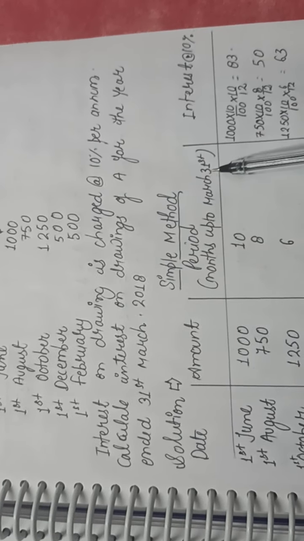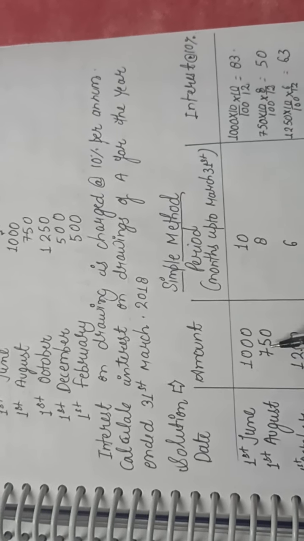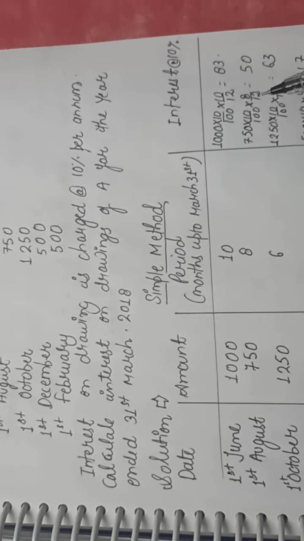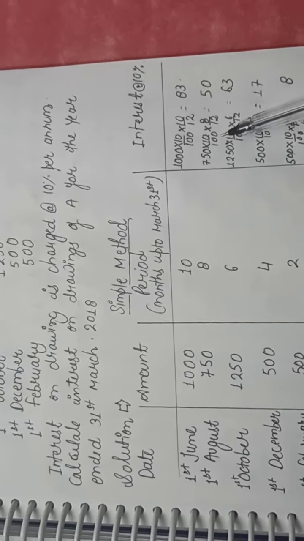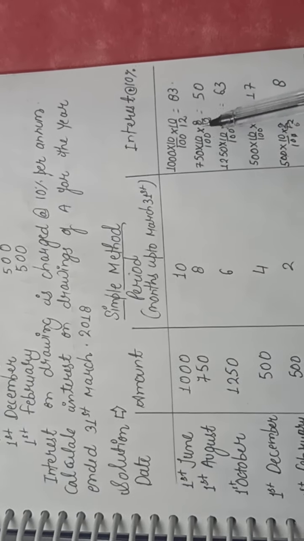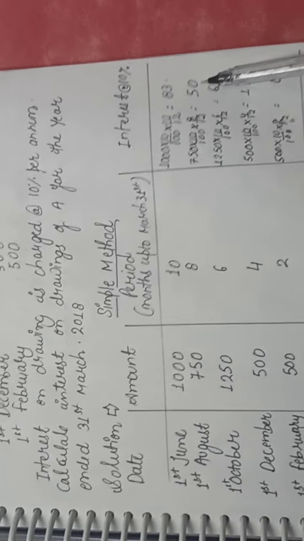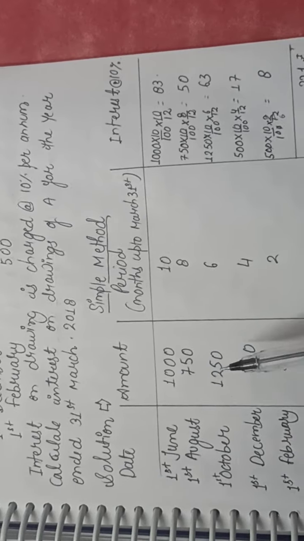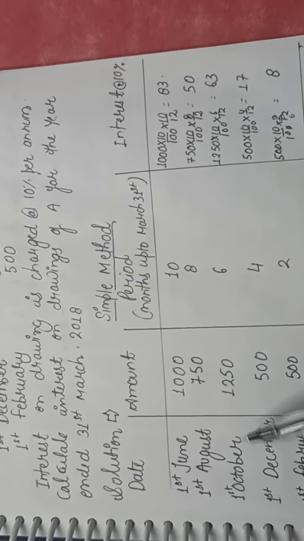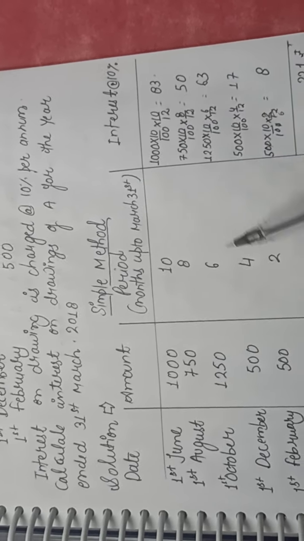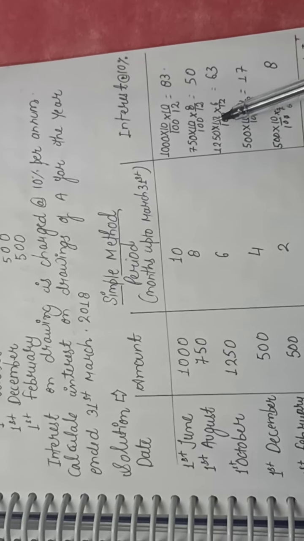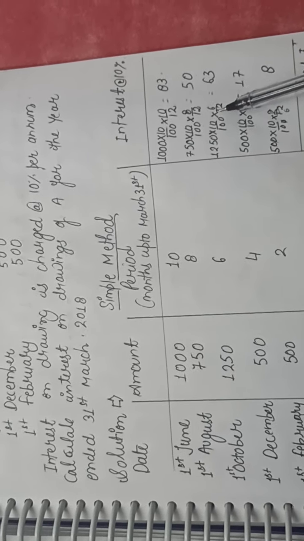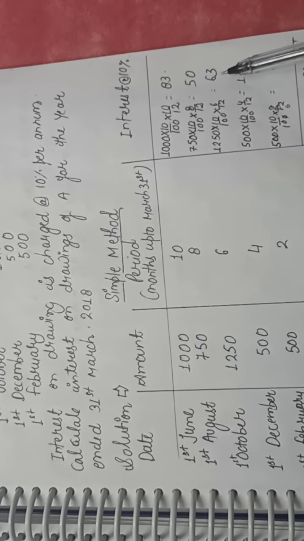In the same manner, 1st August to 31st March, it's 8 months. So now also calculate the interest: 750 into rate 10 upon 100, and months 8 by 12, so it's 50. And 1st October 1250, 1st October to 31st March, it's 6 months. So 1250 into rate 10 upon 100 and 6 by 12, it's 63.